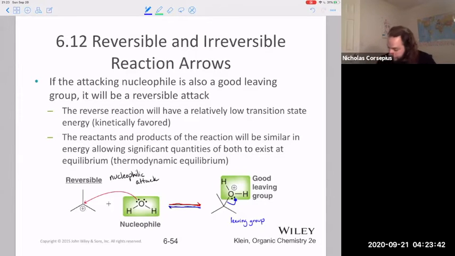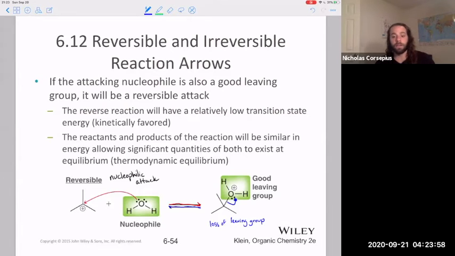Right, loss of leaving group is one of the other categories. So notice how these are sort of inverse of one another. Nucleophilic attack, the inverse would be the loss of a leaving group.